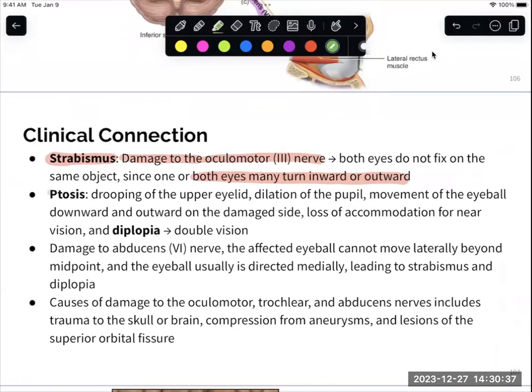Ptosis is drooping of that upper eyelid, because that oculomotor nerve goes to that levator palpebrae superioris. But it also has dilation of the pupil, movement of the eyeball, that accommodation, so you're not able to focus, and diplopia, which is double vision.